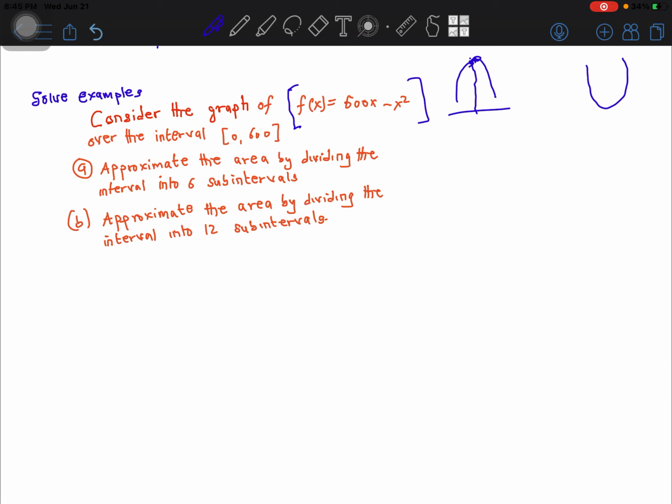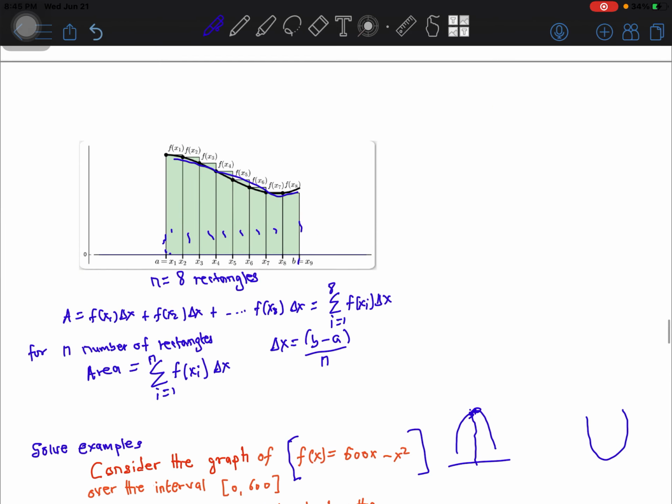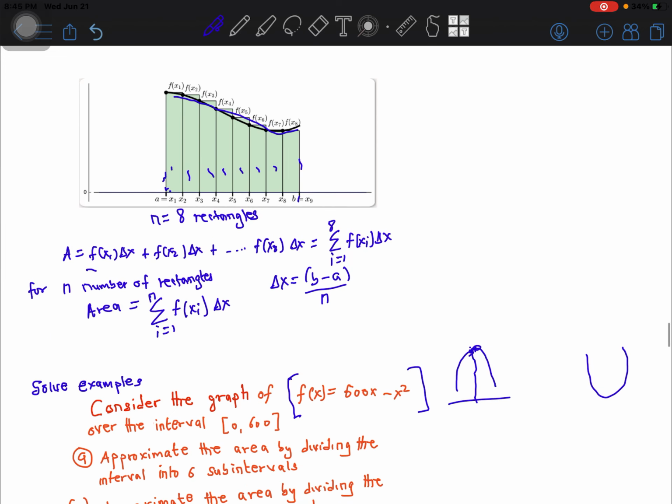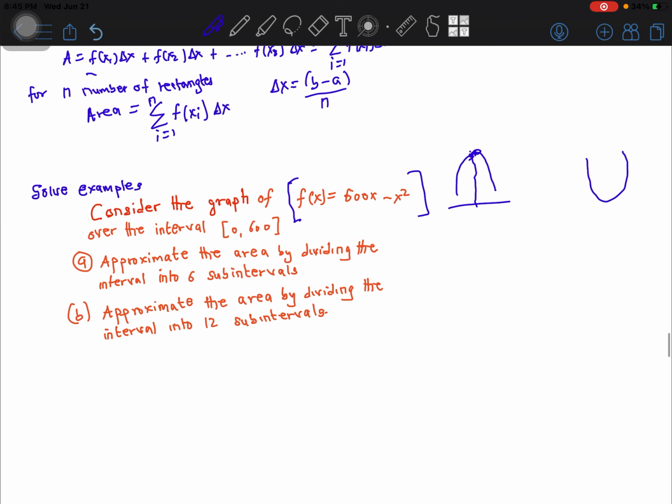Now let's compute the Riemann sum based on what we learned earlier. If you want to compute a Riemann sum, that's the area of the respective rectangles: f of x1 times delta x, and so forth, right?